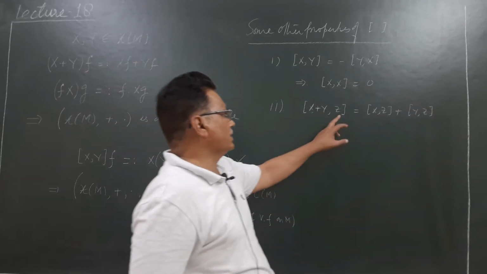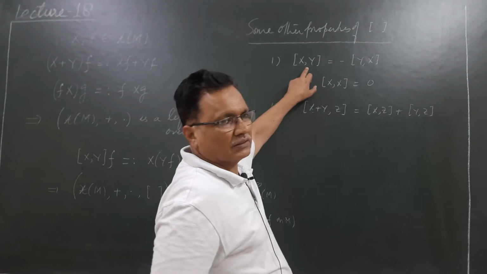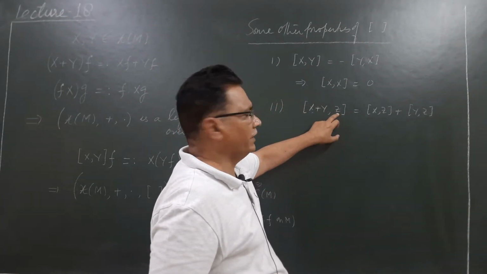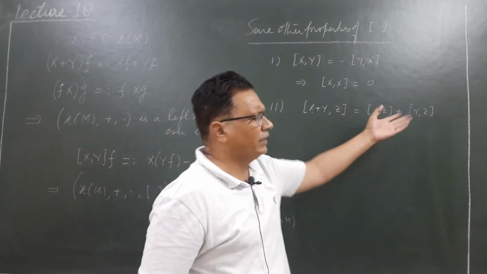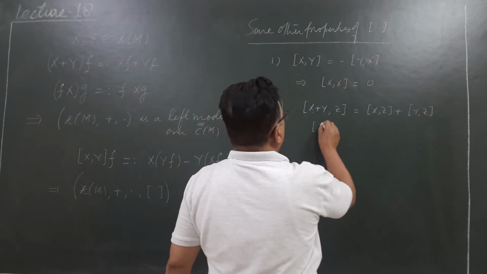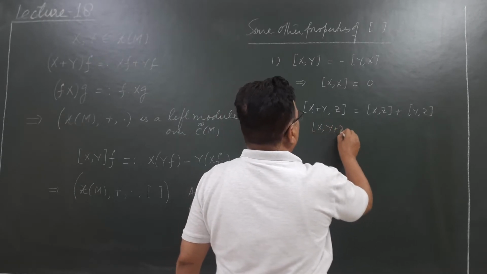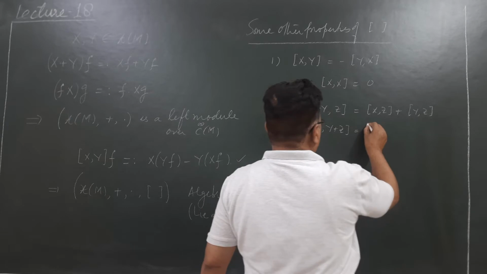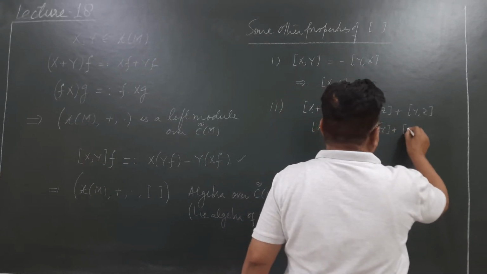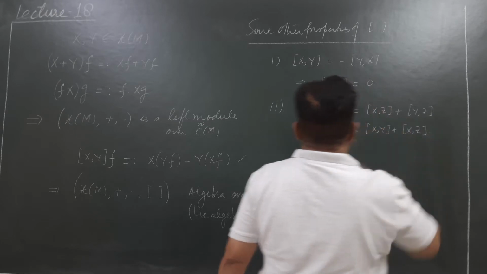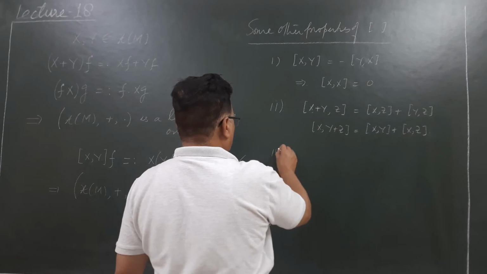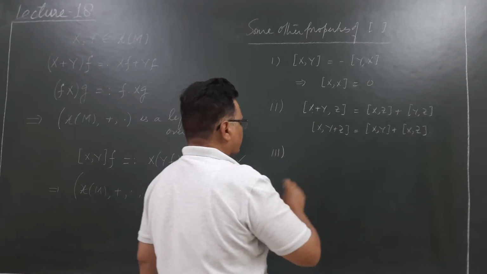Okay, same thing in the second slot also, because of this property. If in place of Z, you write Y1 plus Y2, again you will see the distributive property holds. Similarly, [X, Y+Z] will be equal to [X,Y] plus [X,Z].